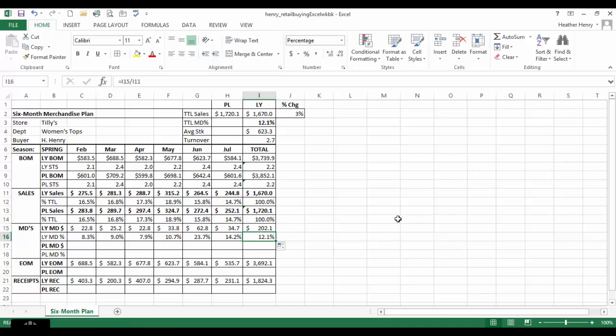Now, since we want to hold on to our last year markdown rate, we will go ahead and copy over what we had last year and copy it into our plan for this year.